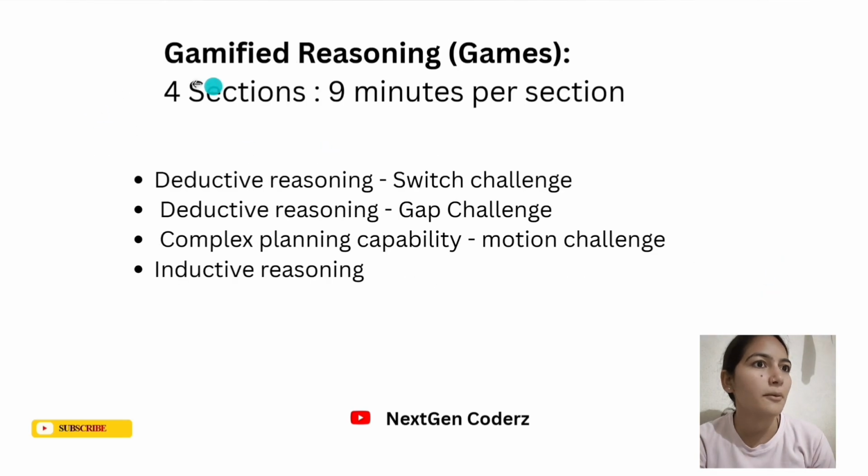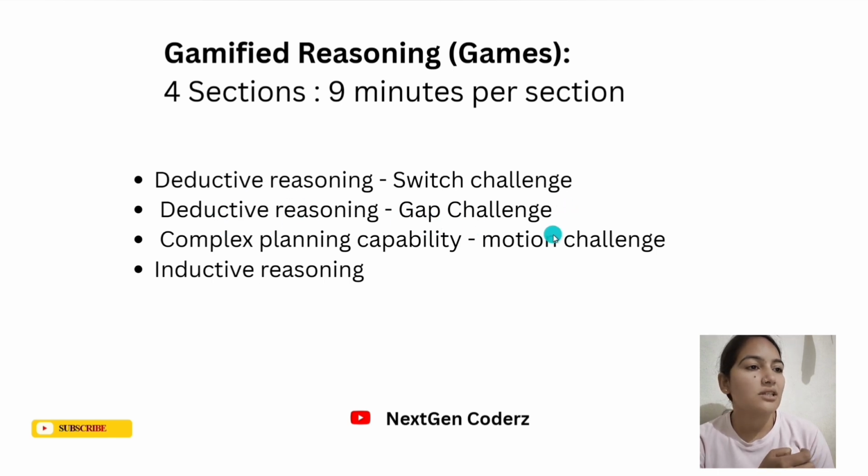Okay, let's start. In gamified reasoning, there will be 4 sections, and you have to solve each section in 9 minutes itself. There will be deductive reasoning, where you will get switch challenge kind of questions.